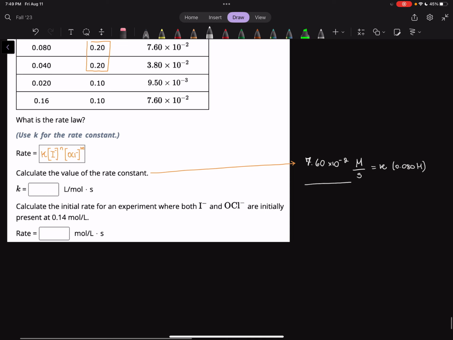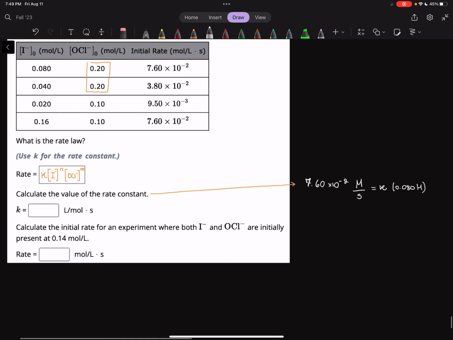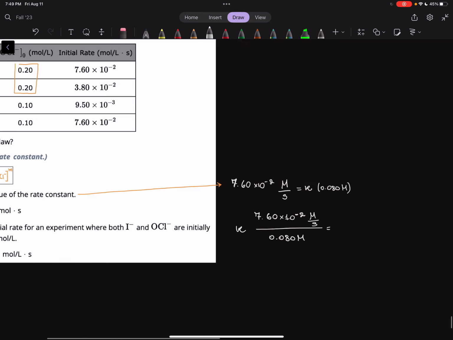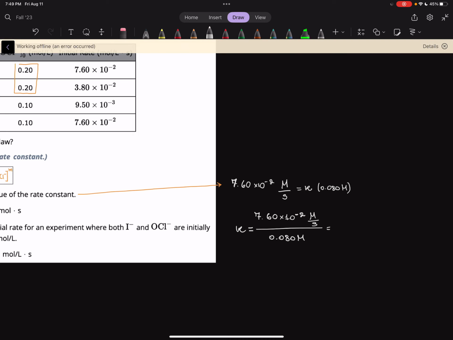And then we're going to divide it by, actually we don't even need to divide it. That's it. Now we can say that k is going to be equal to 7.60 times 10 to the negative 2 molarities over seconds divided by 0.080 molarities. So our k is really going to be equal to 1 over seconds.